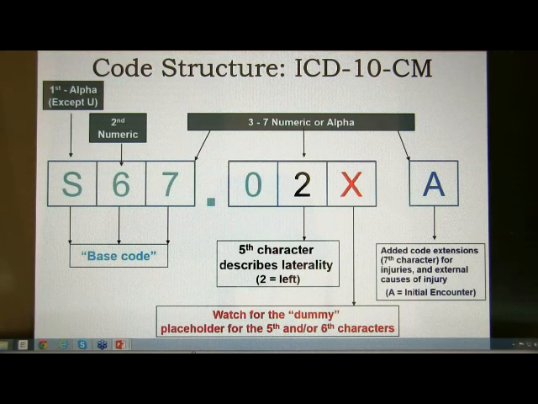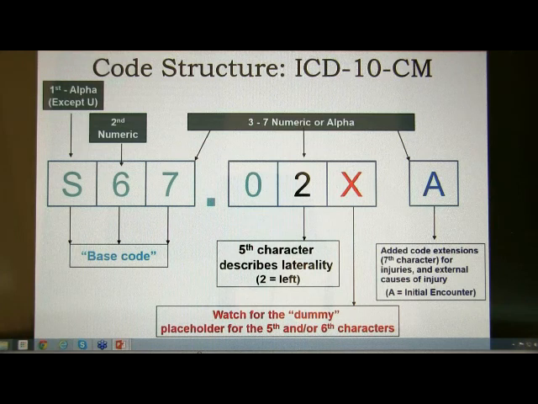Those help describe things like, what type of encounter is this? Is this the first encounter, a subsequent encounter, or an encounter for a side effect? It could define the type of healing that the fracture is experiencing. Is it a normal healing, delayed healing, non-union? And it could also help classify what type of open fracture this is, or what degree of open fracture this is. And all of these categories must be in that 7th character spot.